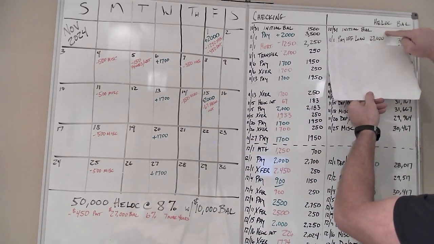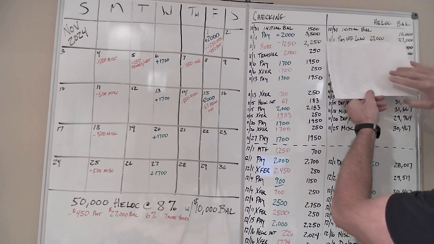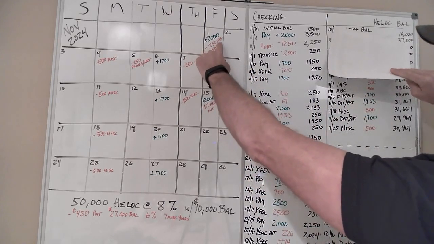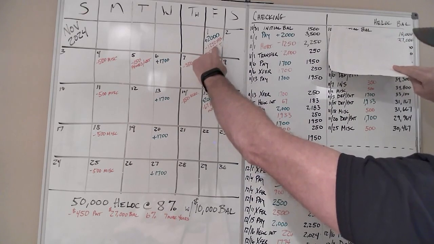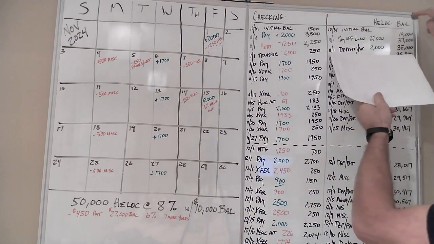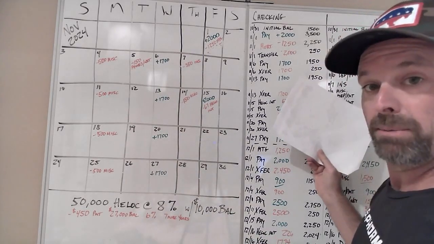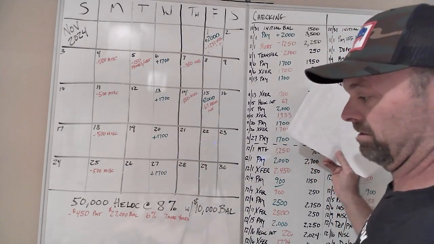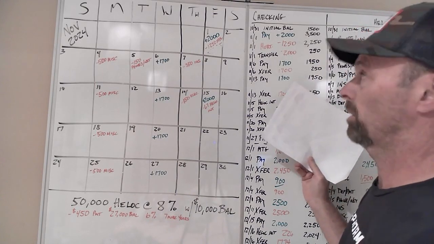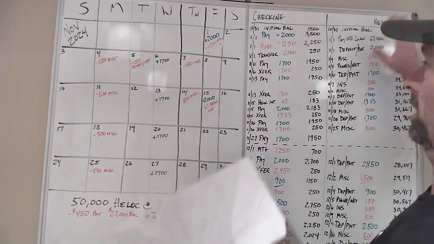We're going to take the money from our line of credit and pay this off. So this payment essentially disappears. We just moved it over to our line of credit. We no longer have to pay the bank for this payment anymore. So those 7 years of making those payments are now gone because we moved it to our line of credit.